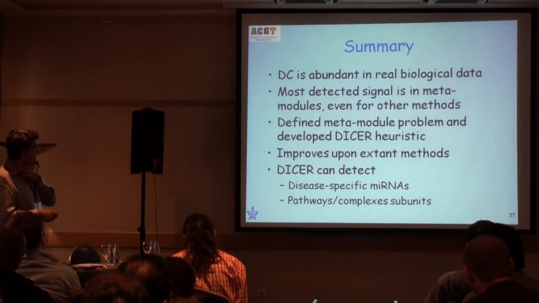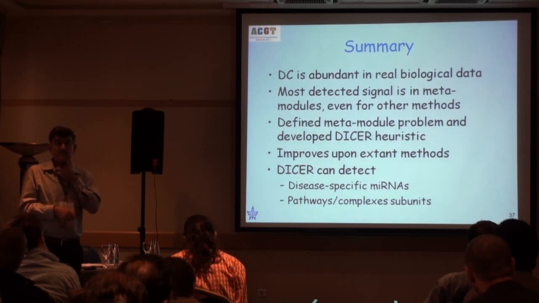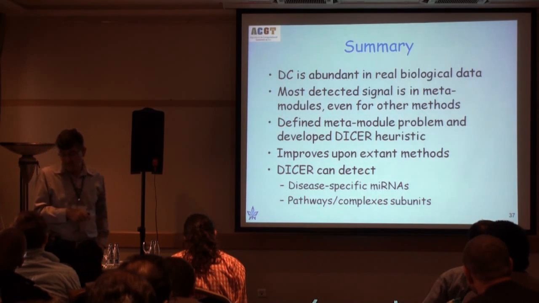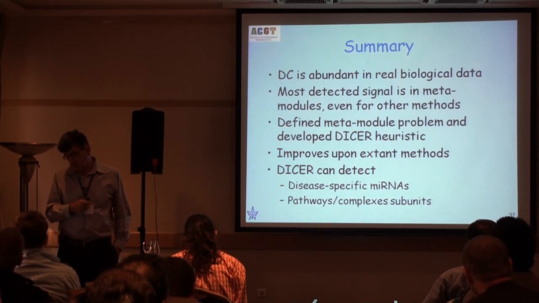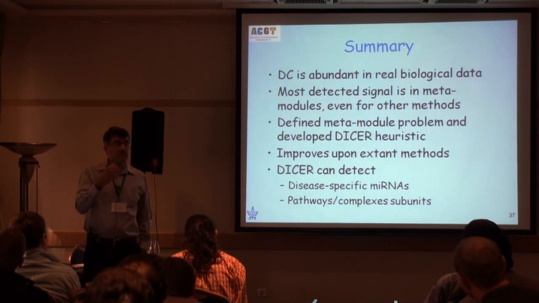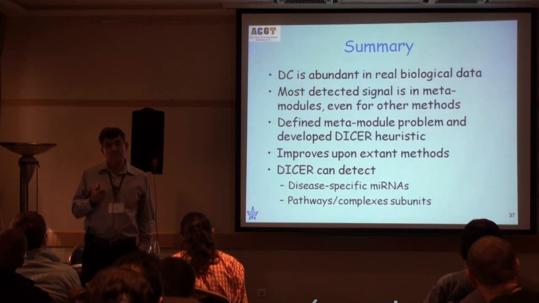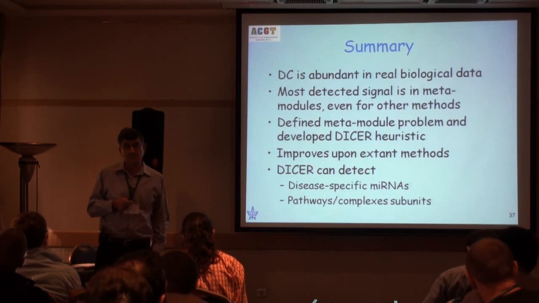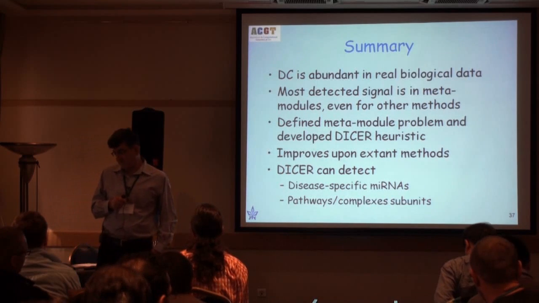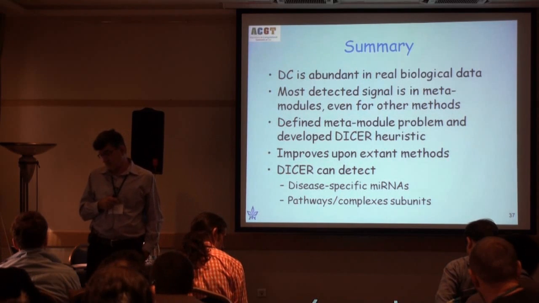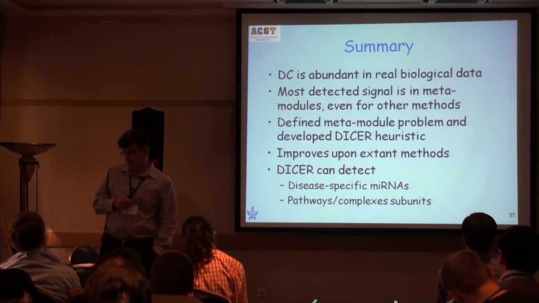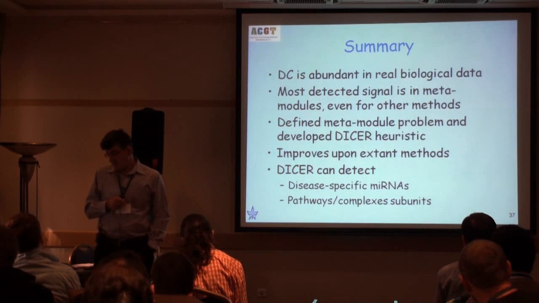So to summarize, there is a substantial amount of differential co-expression in real case-control biological data. Even though we looked at three types of objects, most of the signal is found in meta-modules, in these pairs of differentially co-expressed units. And this is true not only for Dicer, but also for the other methods.